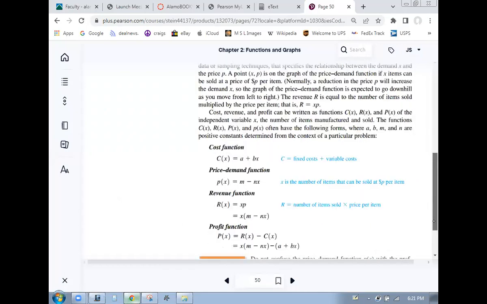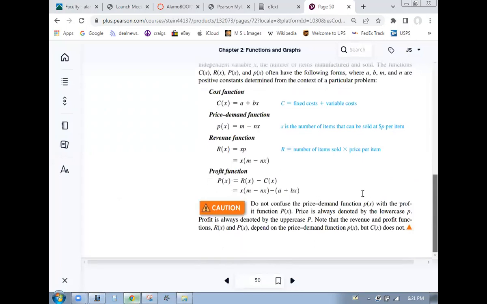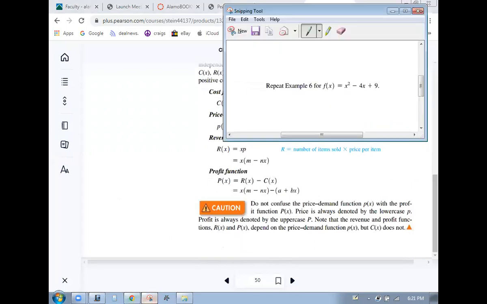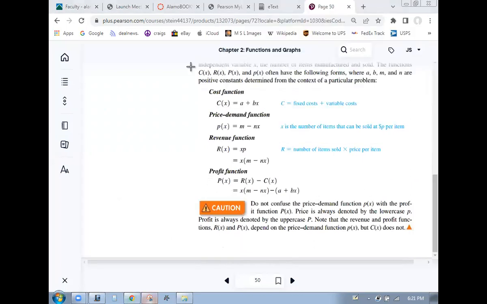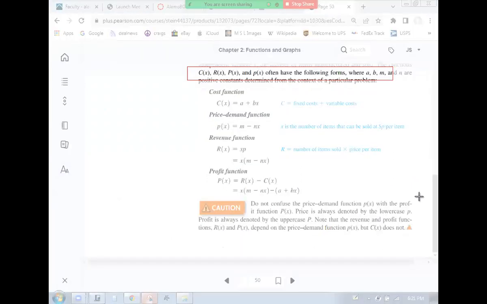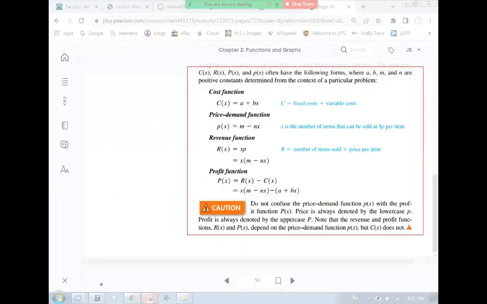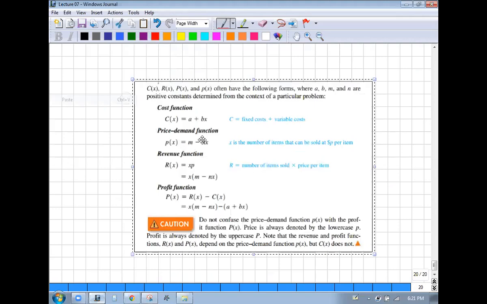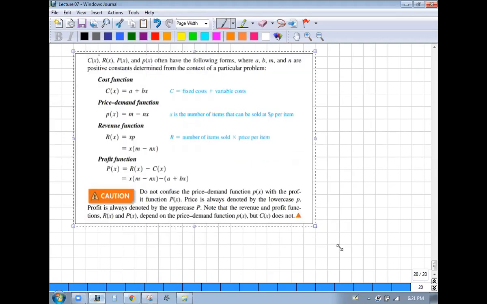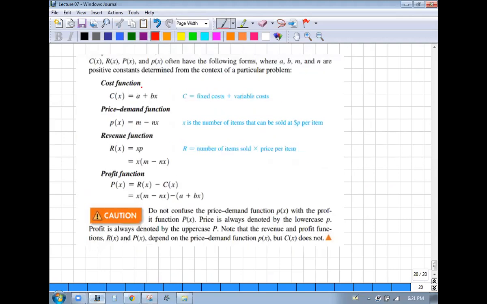Cost function, price. Here's some business vocabulary. Cost function is your fixed cost plus variable cost. Price demand function: x is the number of items that can be sold at p dollars per item.